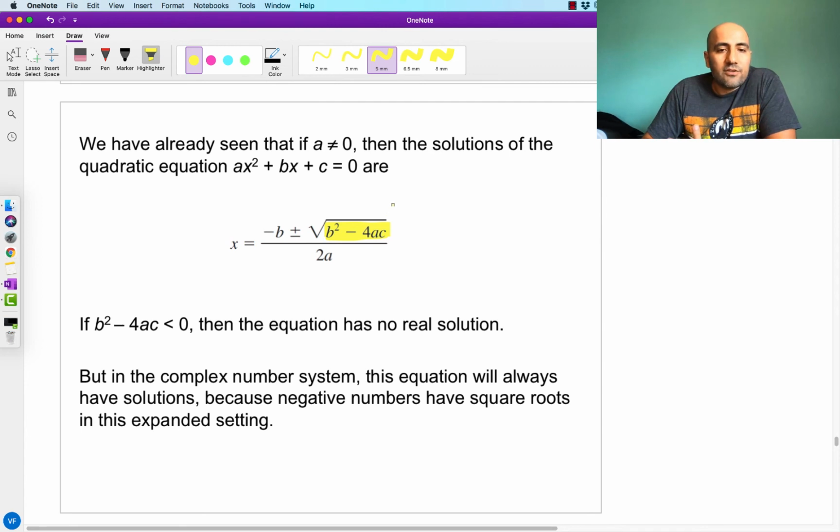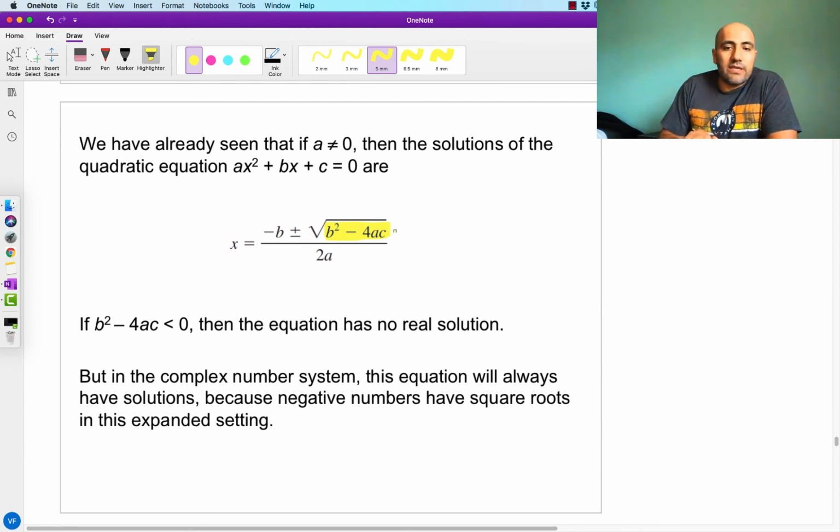And in the previous section, we kind of gave up there and said, oh, well, there are no real number solutions. But now that we're armed with this new number system, the complex numbers, we see that we do have a solution. So in fact, any quadratic equation has solutions as long as we're allowed to go into the complex numbers.